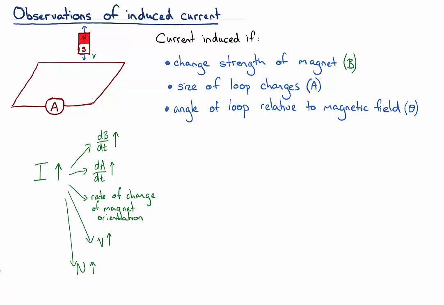I should just point out here that this change in magnetic field strength, I'll just indicate that here, this change in the field strength induced a current. And if you move a magnet towards and further away from a loop of wire, you'll be getting a stronger magnetic field as it moves closer, because those field lines are closer together, and then as it moves away, you'll be getting a weaker one.